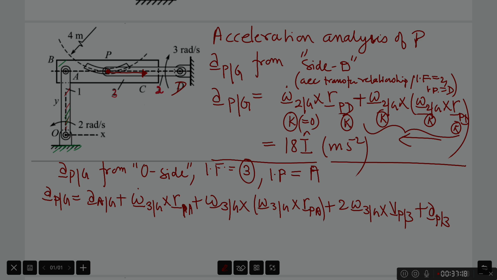Acceleration transfer relationship. Let's verify whether I have written things correctly or not.